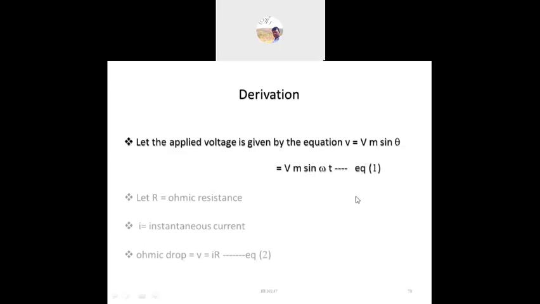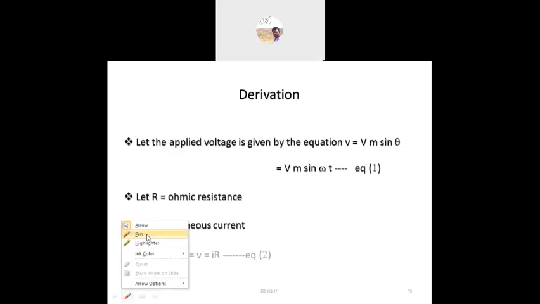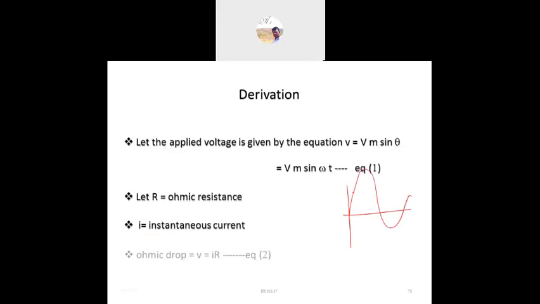R is the ohmic resistance, that is the resistance in ohms. And I is the instantaneous current. We already know about the instantaneous current, that is the current at one instant. Next, the voltage drop.